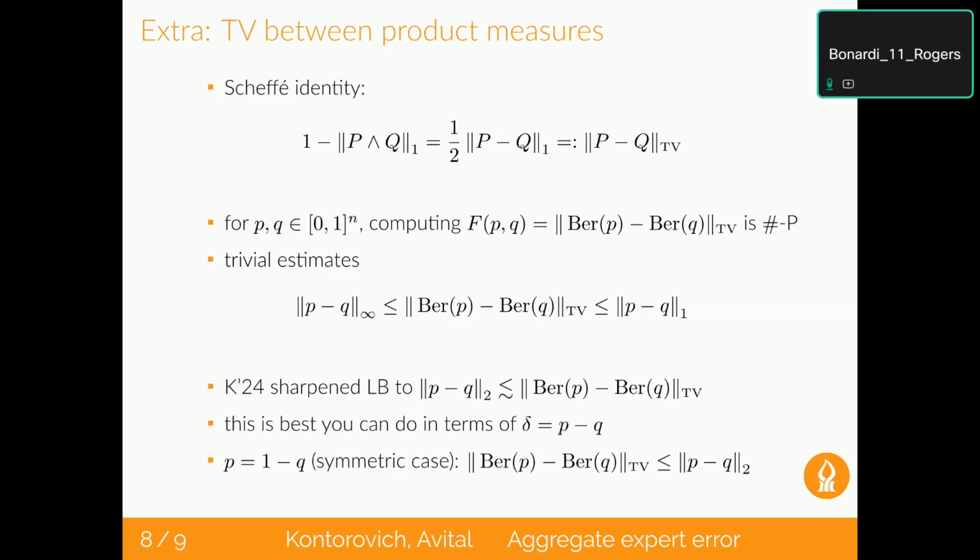KL divergence or something like logarithmic loss? Yeah, the nice thing about KL is that it tensorizes very nicely. Total variation is actually a nasty, analytically not very tractable quantity. So, it's a fact of life.